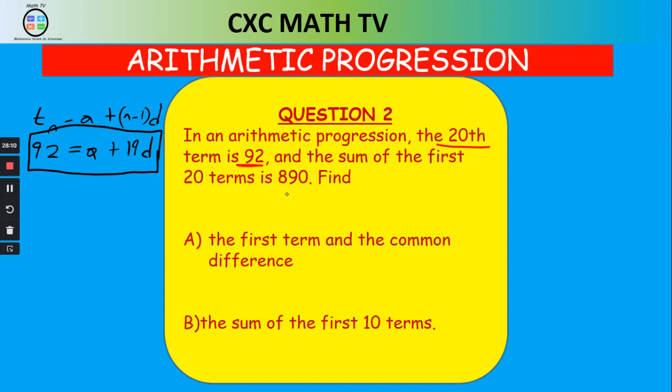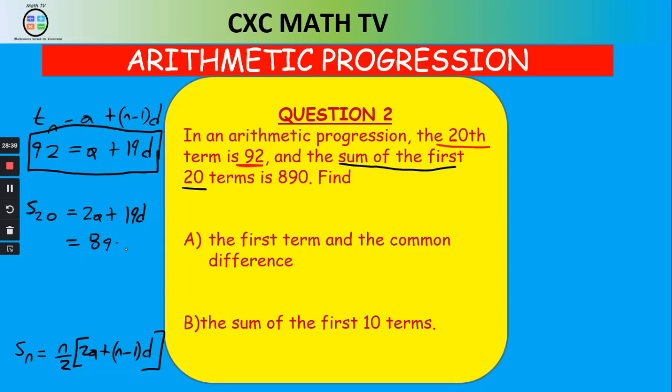What else do we know? They told us the sum of the first 20 terms, so S20. Remember, the sum formula is what? Write the sum formula down here. Sn is n over 2 in bracket 2a plus n minus 1 times d. So in that case, the sum of the first 20 terms is 20 over 2 in bracket 2a plus 20 minus 1, which is 19d, and this equals 890. Notice we have two equations.